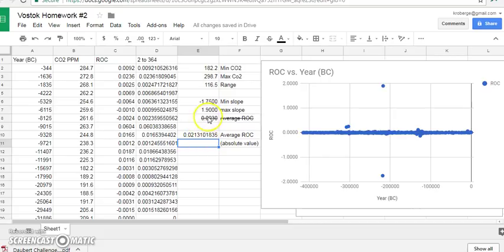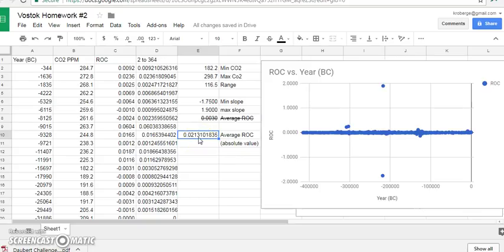So I would use this number. I ask you to compare this against the average rate of change for the Mauna Loa data. The Mauna Loa data also has some little drops and whatnot. But these things are also going to apply to the Mauna Loa data. And I also want you to do a graph of the Mauna Loa data of the rate of change versus the year, again, to compare them.